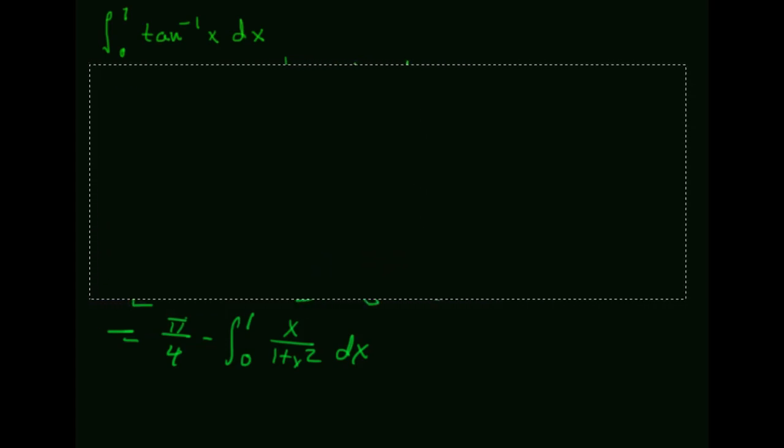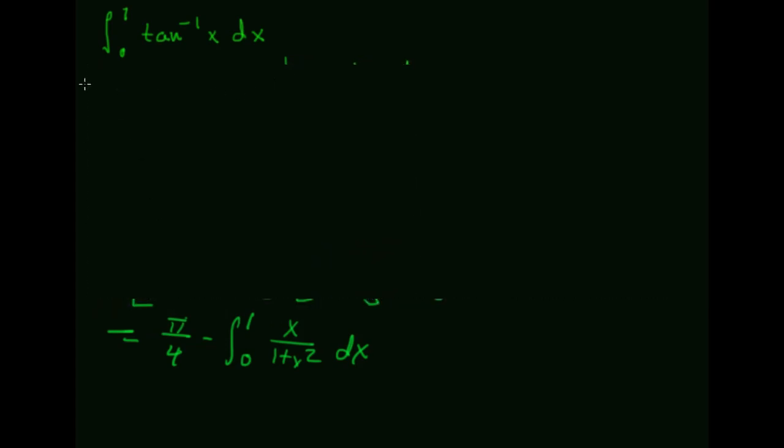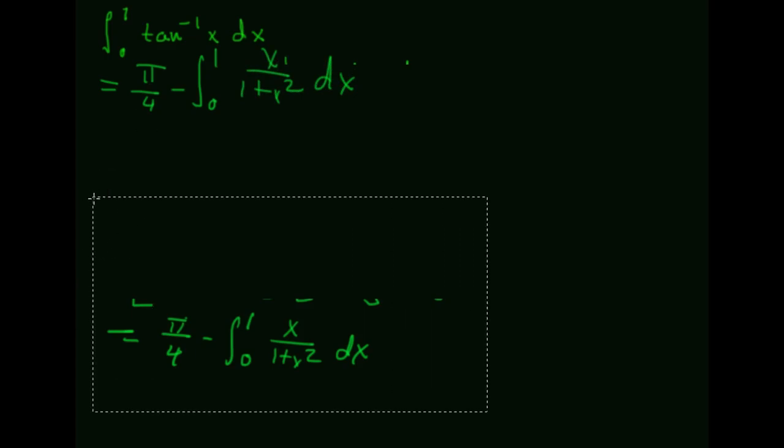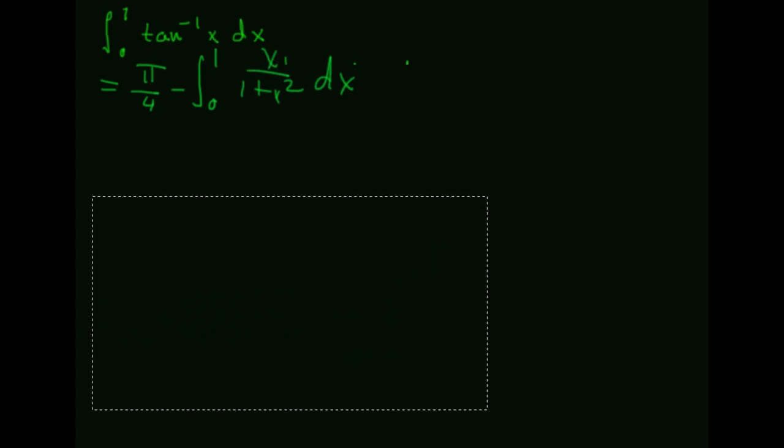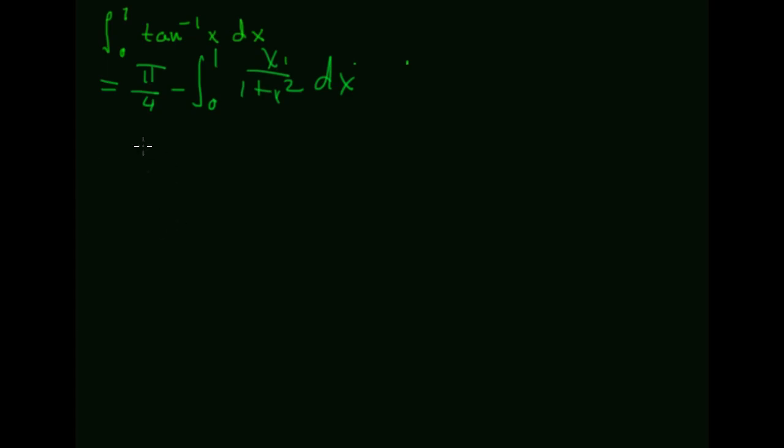Right now, we have pi over 4 minus the integral from 0 to 1 of x over 1 plus x squared dx. Let's clear this out. Okay, we're in better shape. The pi over 4 is just going along for the ride.